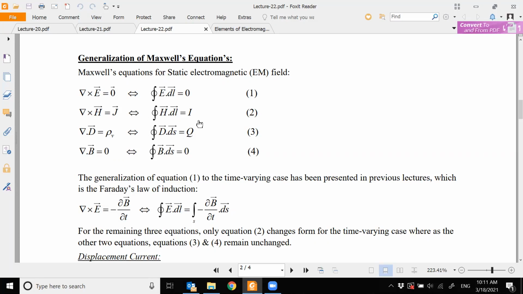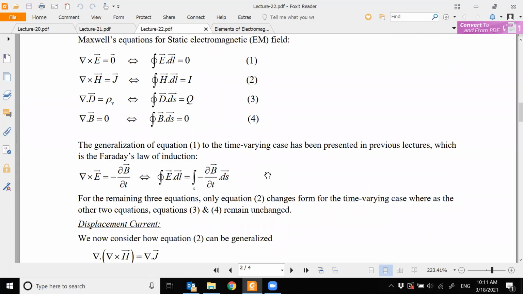And here what we are seeing is, now that we have already generalized this expression, because this is only for static. But just now from Faraday's law, we saw that this is for only time independent, but for time dependent electric field and time dependent magnetic field, you will have this expression.